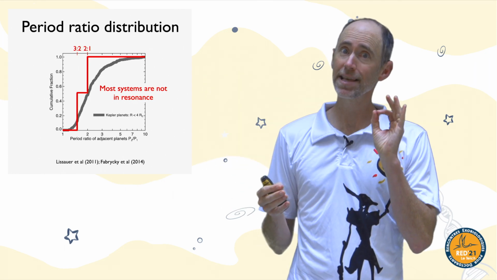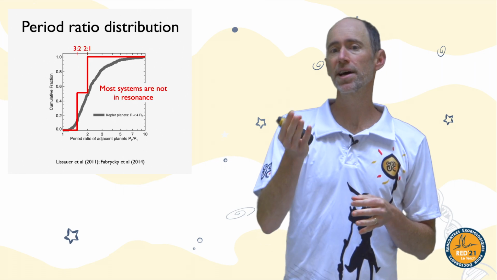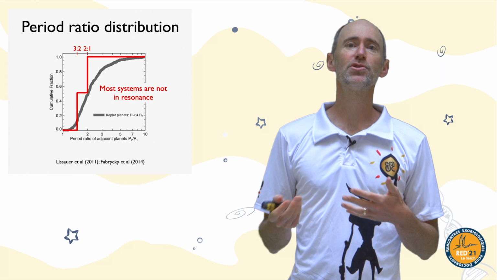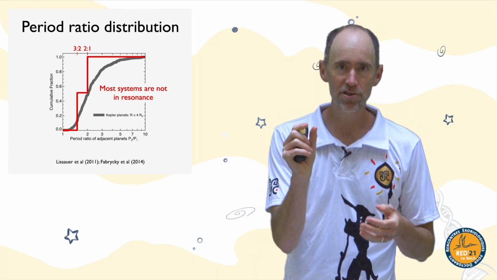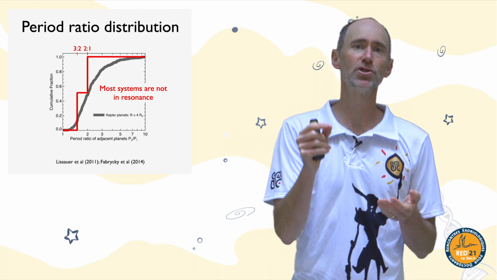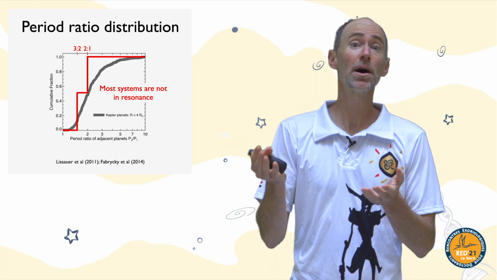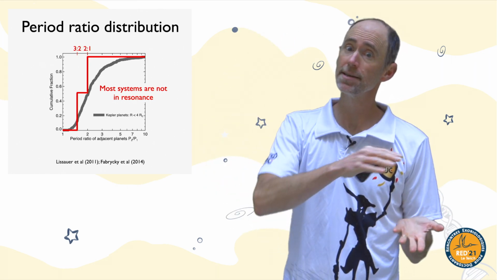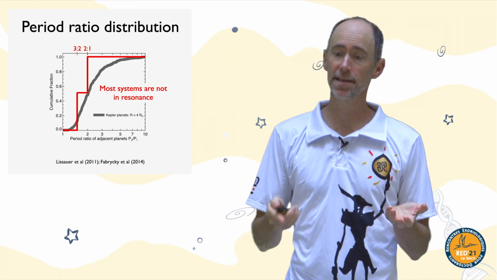That's a very key piece of information. The red staircase that I've drawn on there by hand assumes that among all pairs of planets, half of them were in a 3 to 2 orbital resonance and half were in 2 to 1 orbital resonance. If that were the case, then the distribution would be that red staircase. But it's not. It's that gray line. This is key information.